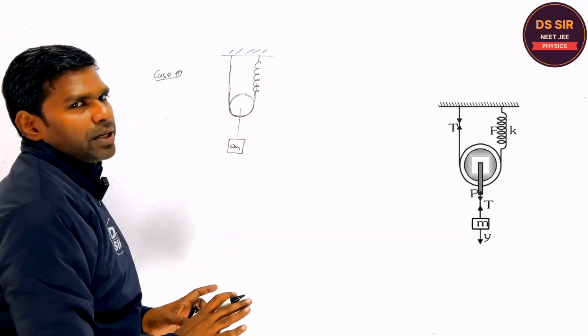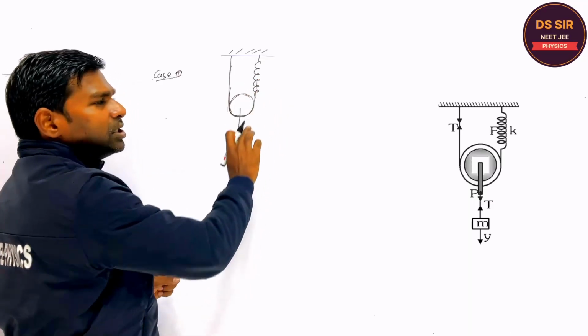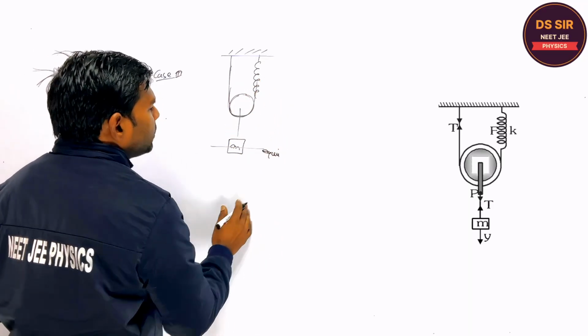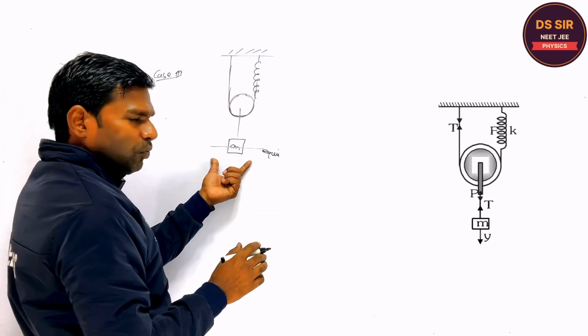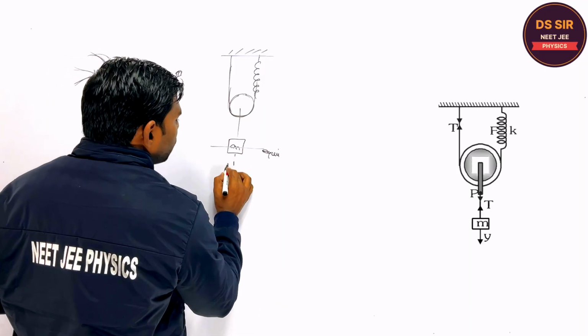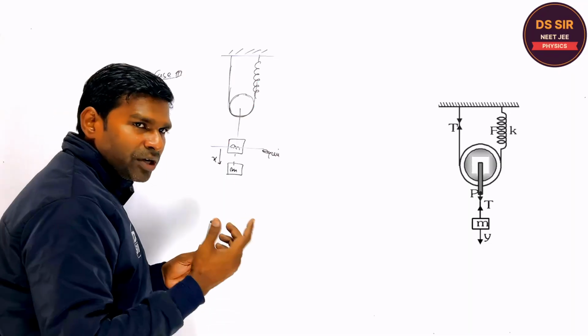Suppose it is in equilibrium, it means there is already an elongation present such that the net force is zero in equilibrium. So to prove that it is SHM, or to find the time period, you give a small displacement x and find the restoring force.